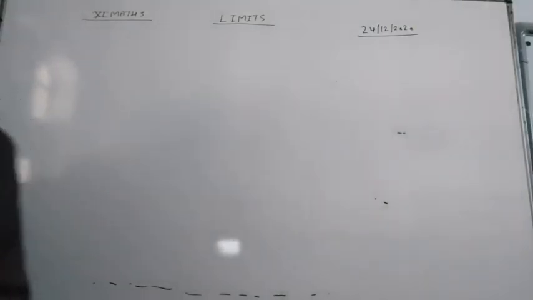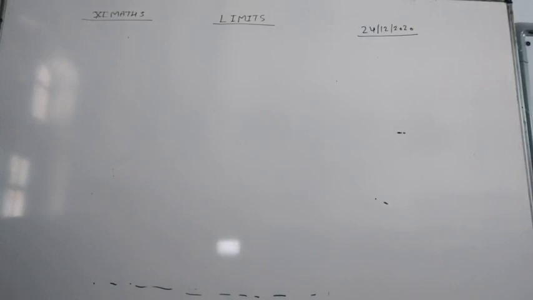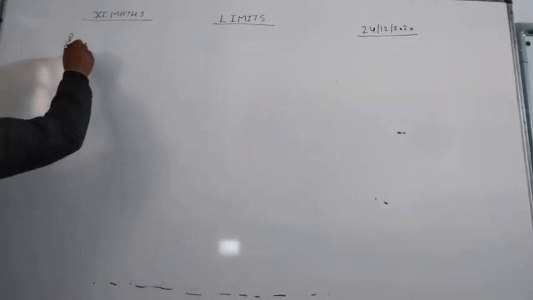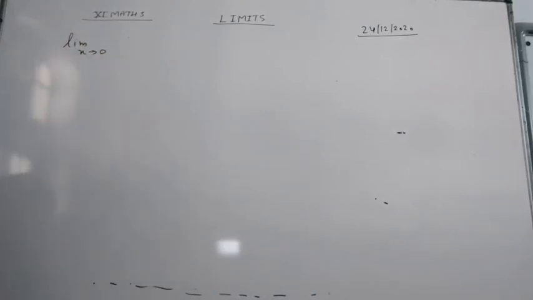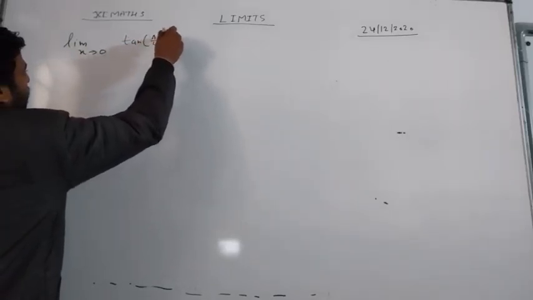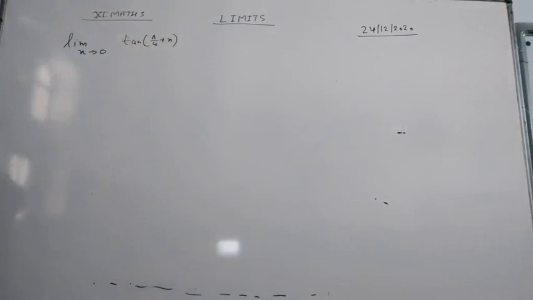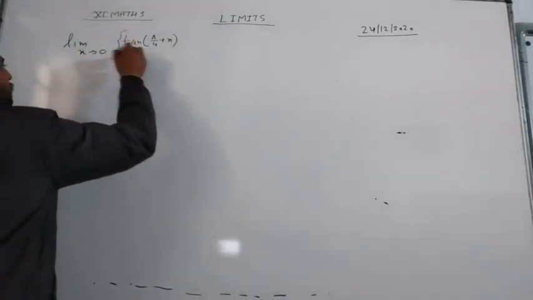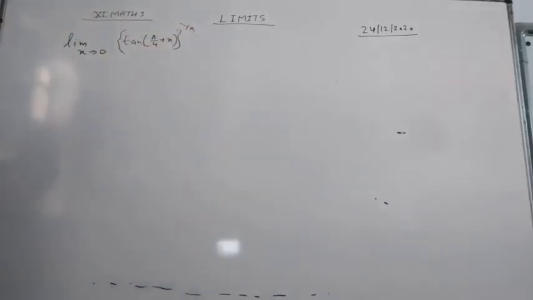Our next question is limit x tends to 0, (tan(pi by 4 plus x)) to the whole power 1 by x.